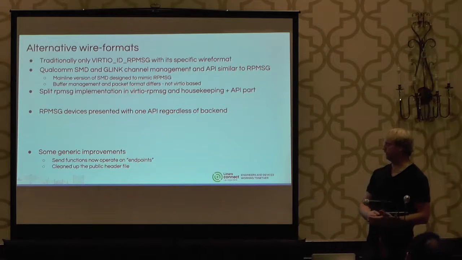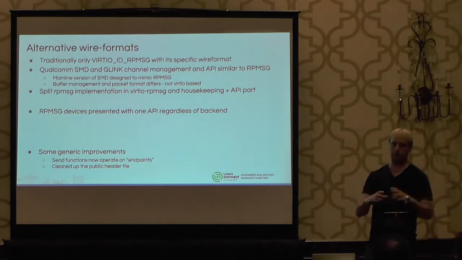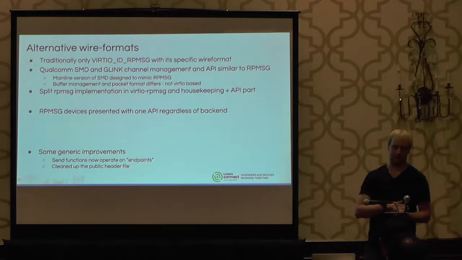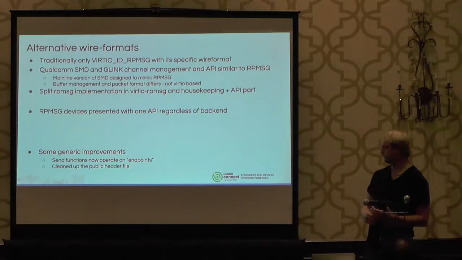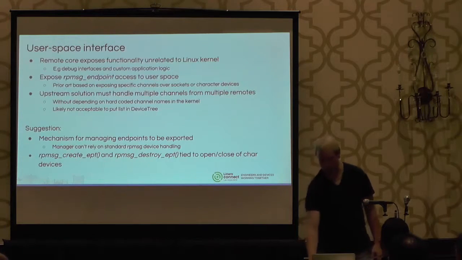And I have an upcoming GLink implementation, which is what we need in the new Dragonboard for communicating with some of the services. So we will have one API for talking to these point-to-point channels, and depending on how that stack was probed, we will use different wire formats and different backends. There were some side effects of some cleanups in that.